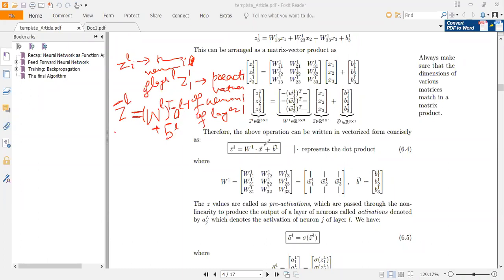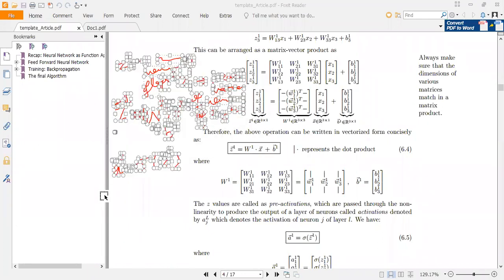So this is the equation. Similarly, we can compute the activation vector by simply passing the terms of this pre-activation vector through the nonlinearity. In this case, it's a sigmoid. We consider the sigmoid, but it need not be the sigmoid. Fine. So I hope this much is pretty clear.